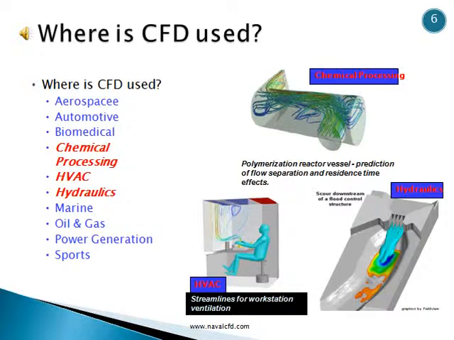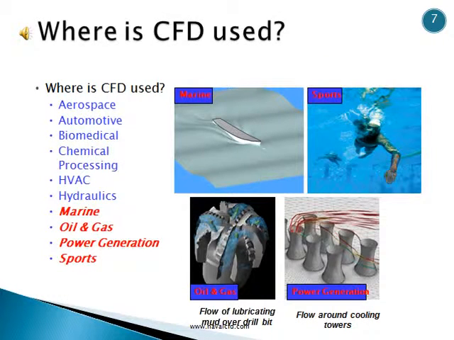Another major area is the marine field: marine propellers and ships. Previously, marine engineers and naval architects did not use CFD for their design, but now it has become compulsory. Classification societies also accept CFD results.